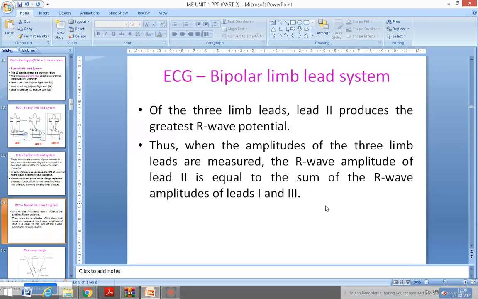So lead 2 will produce the greatest positive R wave potential. The amplitude of the three limb leads is measured based on the R wave potential. The R wave amplitude of lead 2 will always be equal to the sum of the R wave amplitudes of lead 1 and lead 3. So lead 2 has the higher R wave amplitude, and leads 1 and 3 together will be equal to that amplitude of lead 2.